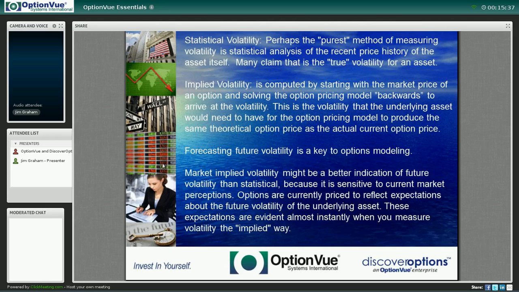That is built into the price that they're bidding. Now they might be wrong, of course, but overall, the overall market is usually a good indication of where it is likely to go.